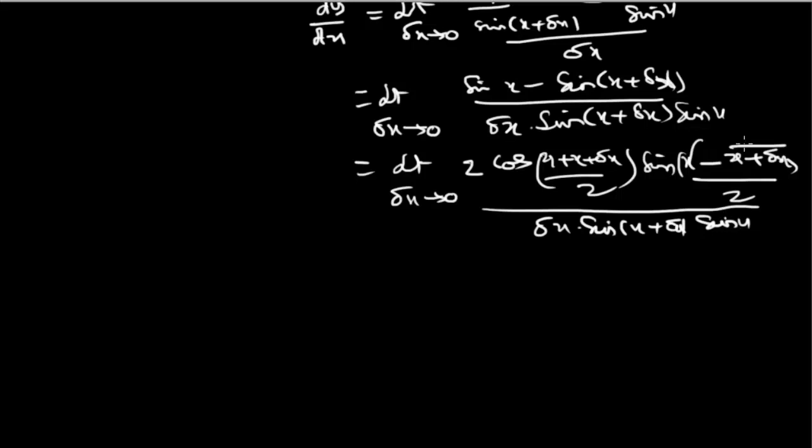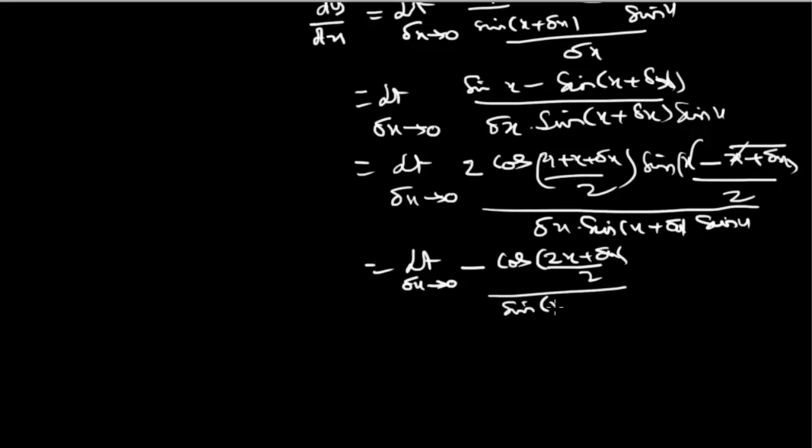Here x and x cancel. Sin of minus delta x by 2 is what? Minus sin delta x by 2. So limit delta x tending to 0, minus cos of (2x plus delta x) by 2, by sin of x plus delta x, into sin x, and the other thing we balance.